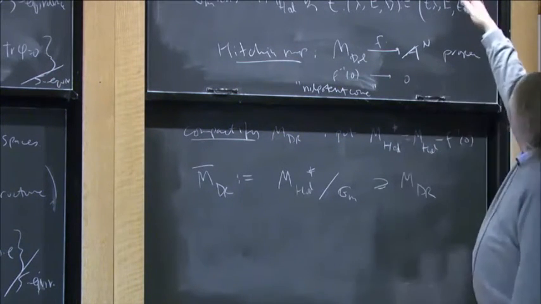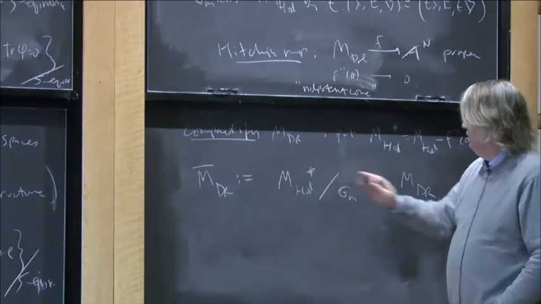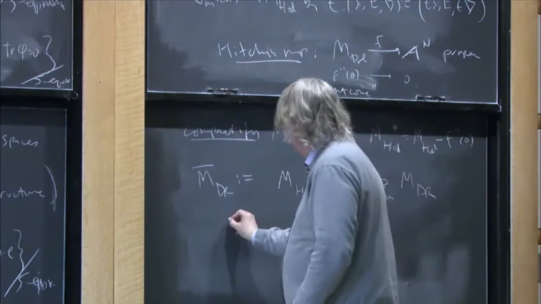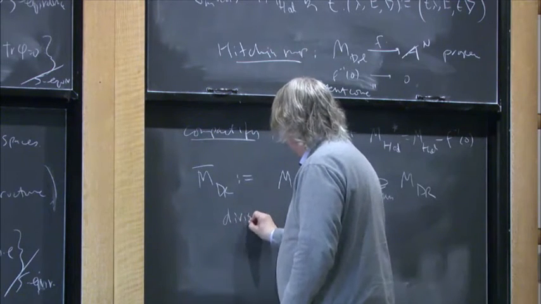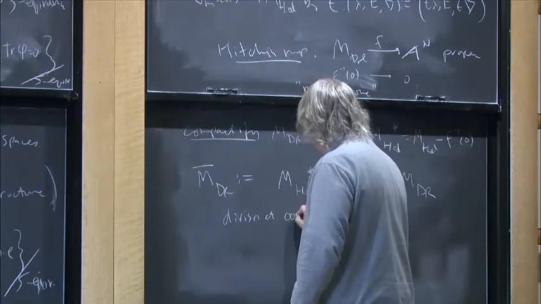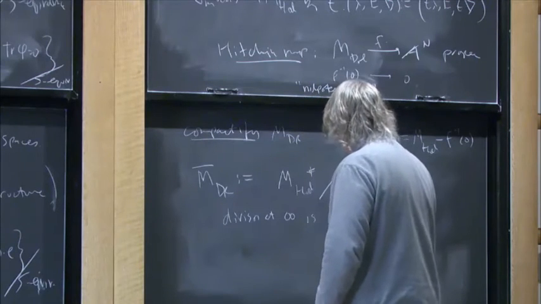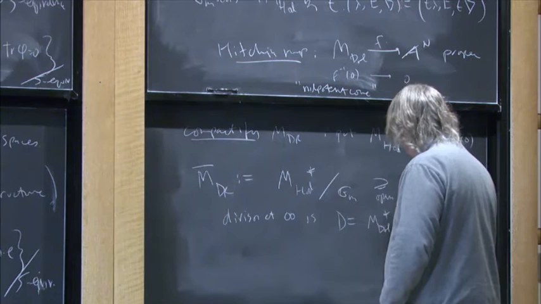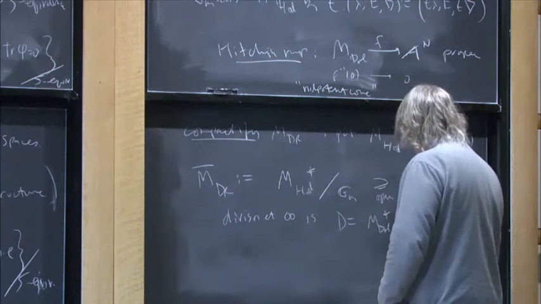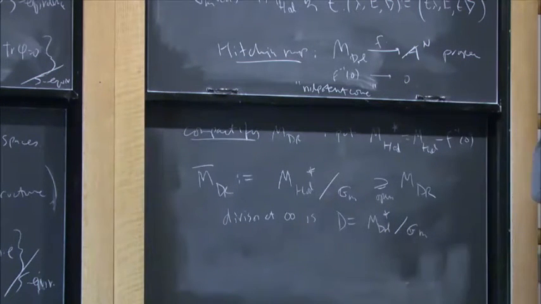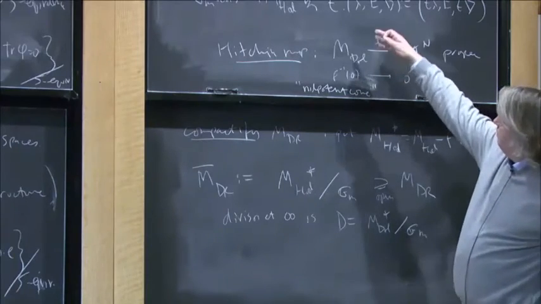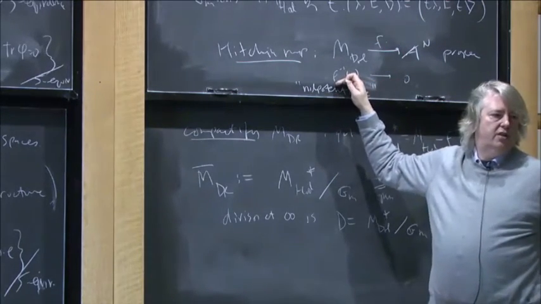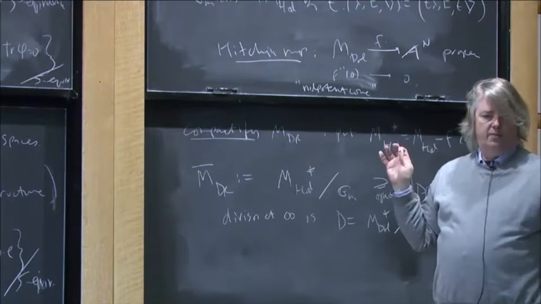The image of this M de Rham fiber is an open set, and the complementary divisor is just what you get by taking the Hitchin moduli space, again throwing out the inverse image of the origin and dividing by C star.